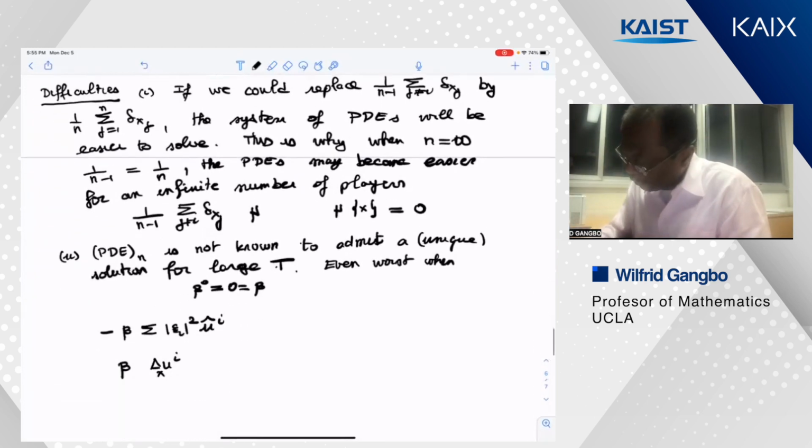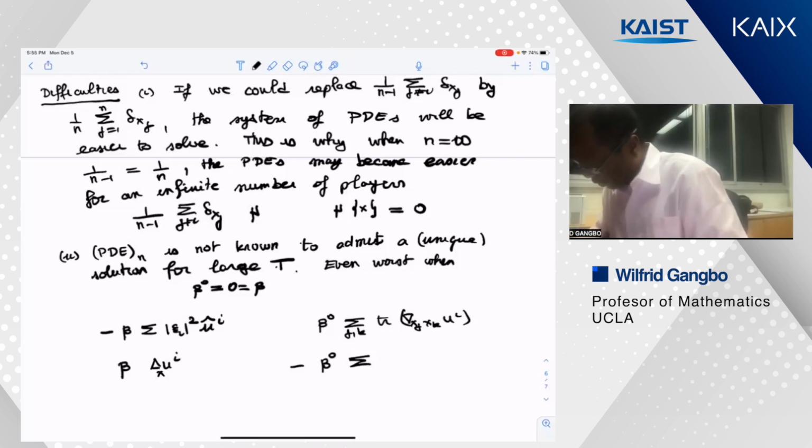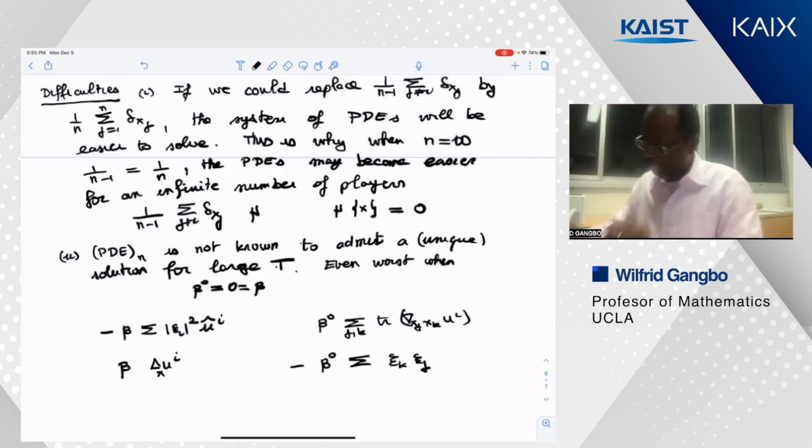And when I look at beta naught, the sum over j, k, the trace of gradient S_k, S_j of u_i, in the Fourier transform this gives negative beta naught, the sum of psi_k psi_j.